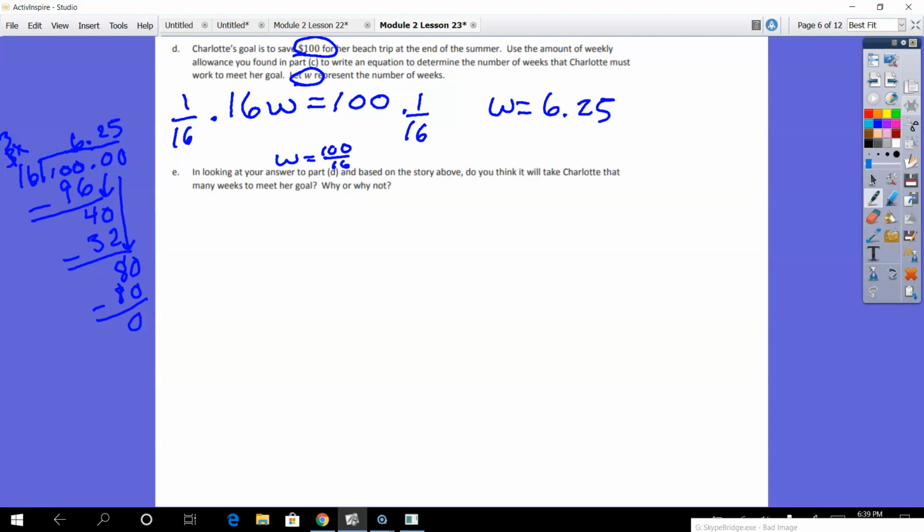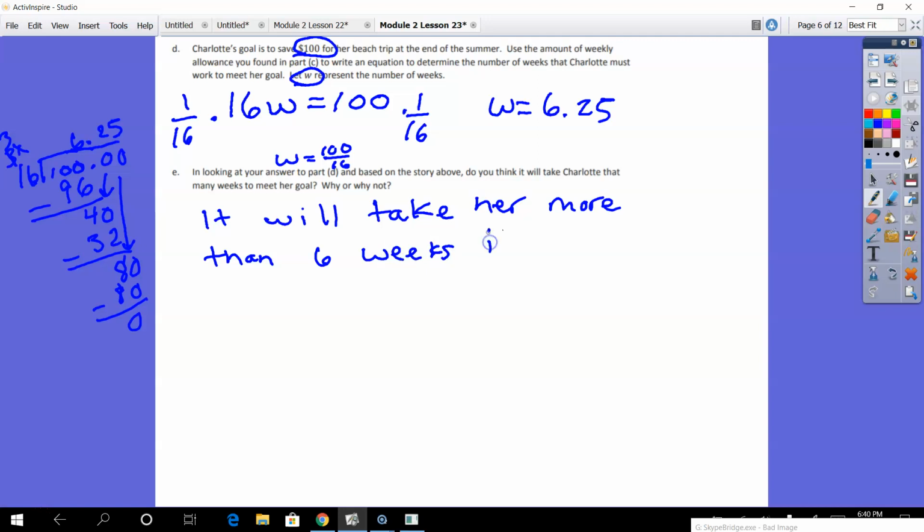So it will take her more than 6 weeks. So it will take her 7 weeks.